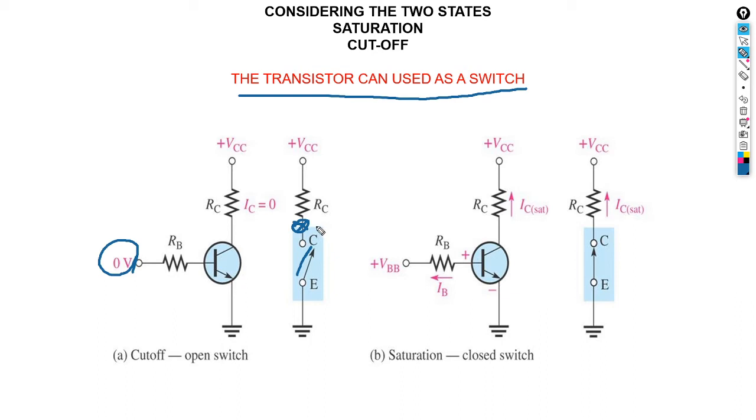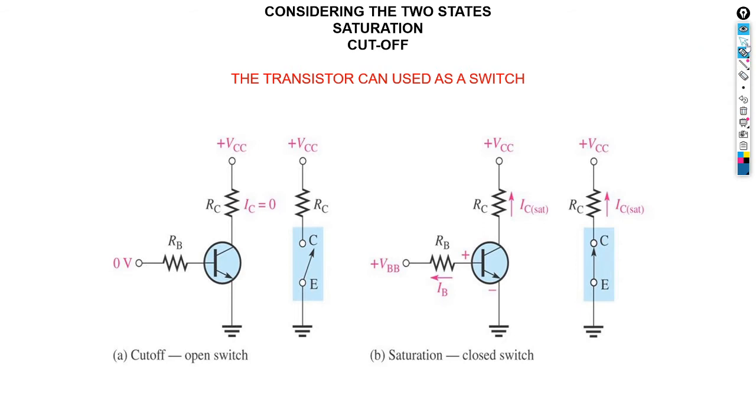The light will be off. But if it's in saturation, it's considered to be a closed switch, which means there will be a current flowing and our light will go on. So with the combination of saturation and cutoff, we can use our transistor as a switch. We open it when it's in cutoff, and close it when it's in saturation.